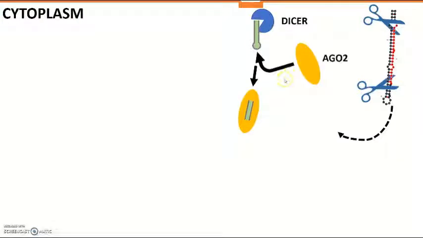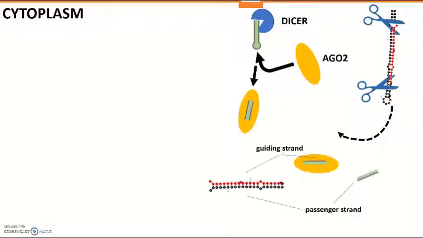This mature microRNA molecule is then taken up by an argonaute protein, in this case AGO2. AGO2 will then unwind the 3D conformation into a 2D conformation, following the separation of the guiding strand from the passenger strand.